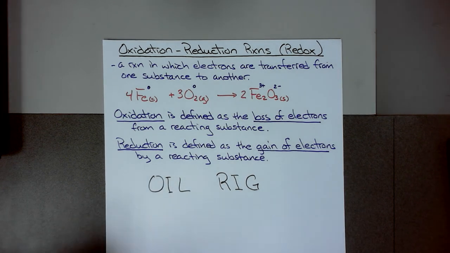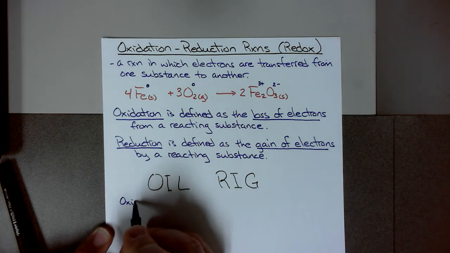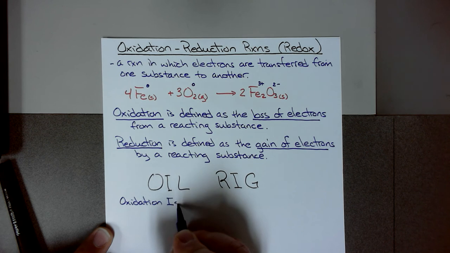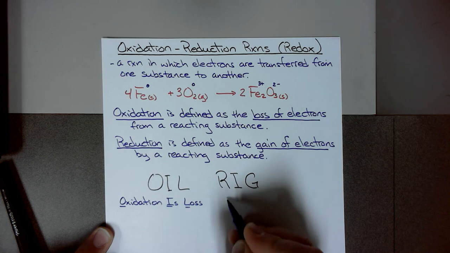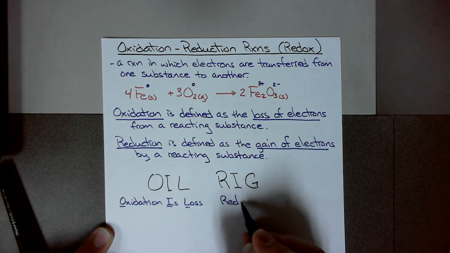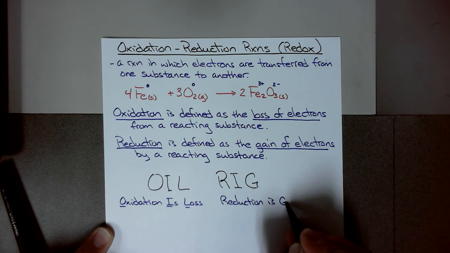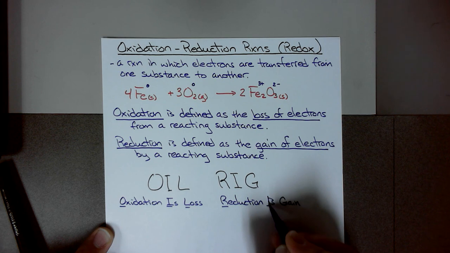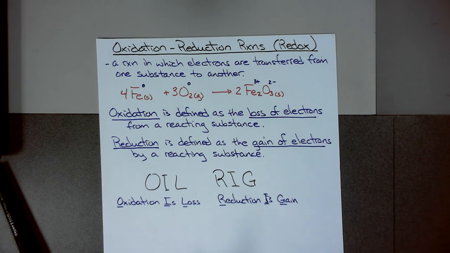Oxidation is loss of electrons, that's OIL, and reduction is gain of electrons, that's RIG. And that's how I remember which one's oxidation and which one's reduction.